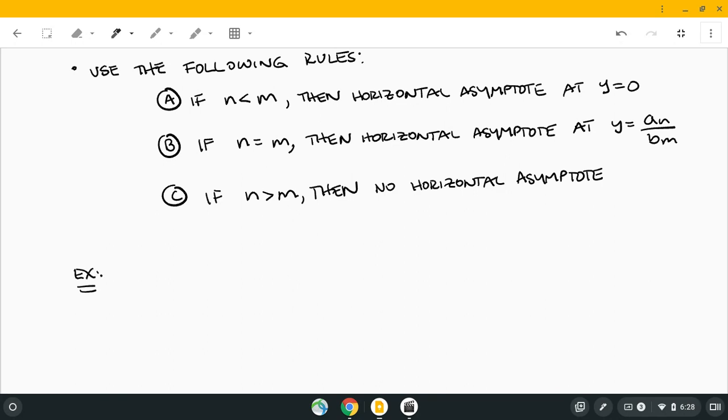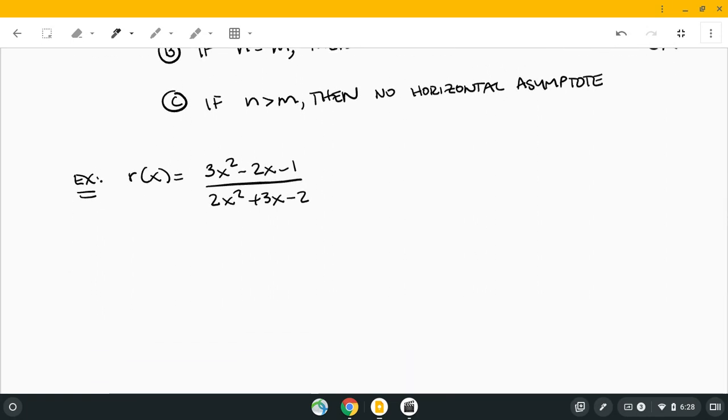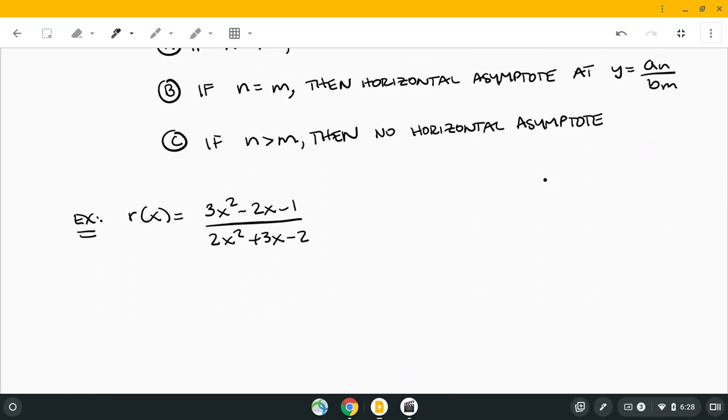All right, so suppose that we have r of x equals 3x squared minus 2x minus 1 over 2x squared plus 3x minus 2. Okay, so here we have that they are the same degree, so n equals m. So we have a horizontal asymptote at leading coefficient over leading coefficient.